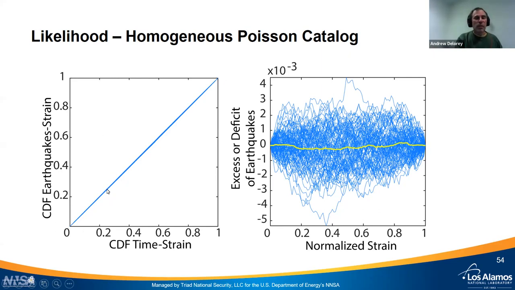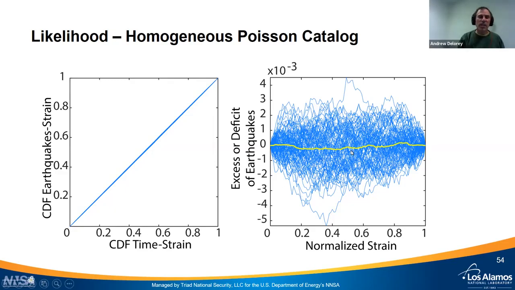And what I've done to make this a little bit easier to see is I've removed the slope, and then I've vertically exaggerated it. So the right-hand axis is exactly the same as the left-hand axis, except I've removed the slope and I've vertically exaggerated it. And I've done 100 realizations of a Poisson catalog, and those are in the blue, and then I've averaged them, and that's the yellow.